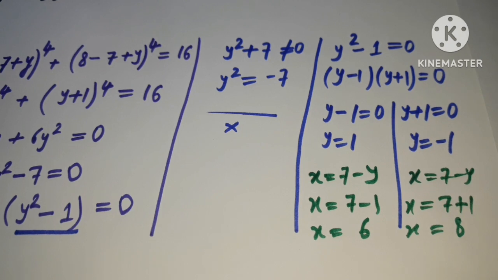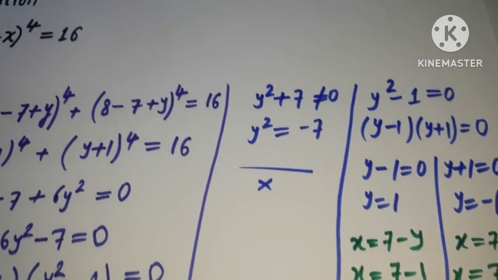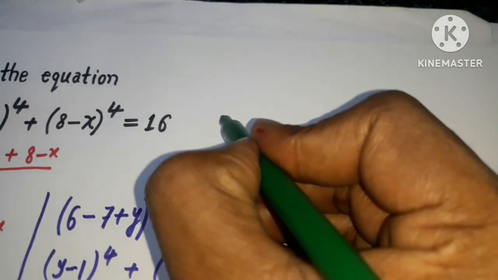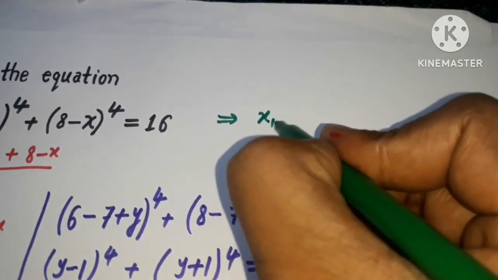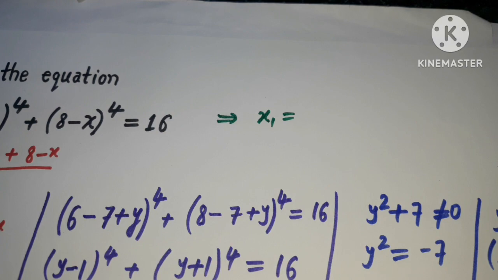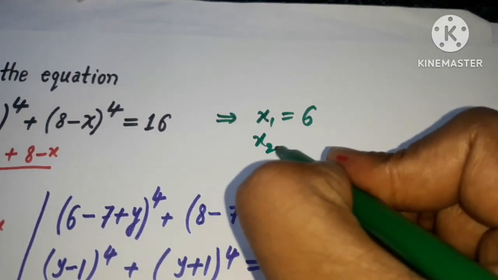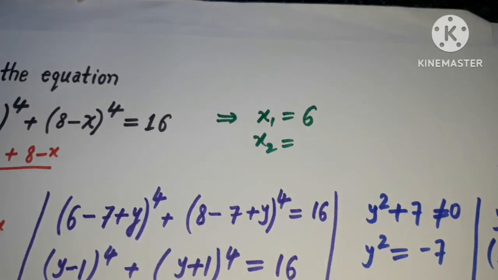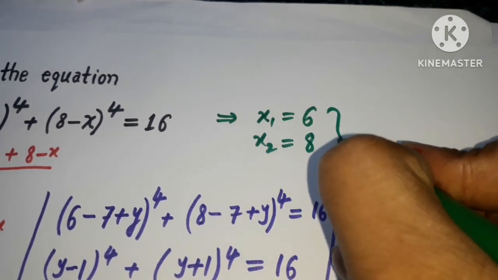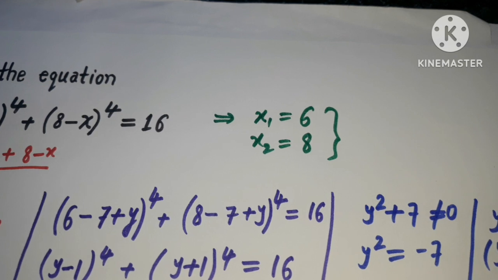So we have two values for x here. The first result x1 is coming here 6, and another value for x is coming here 8. So these two are our solutions.